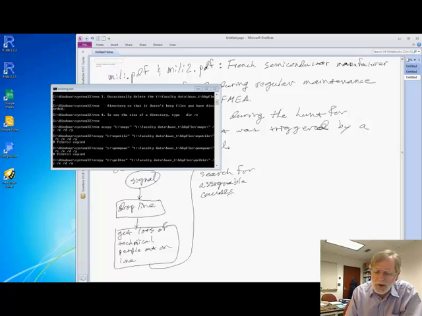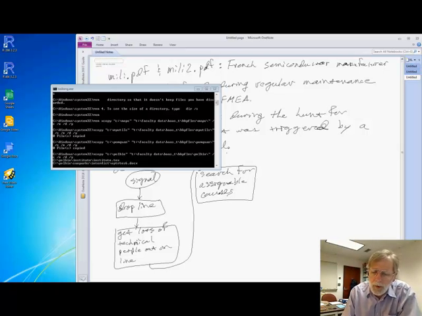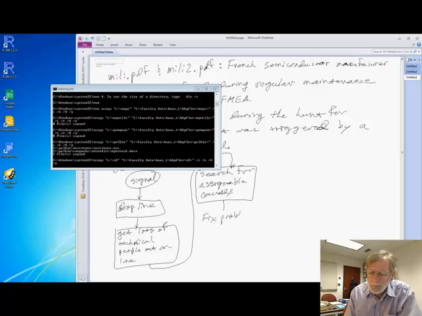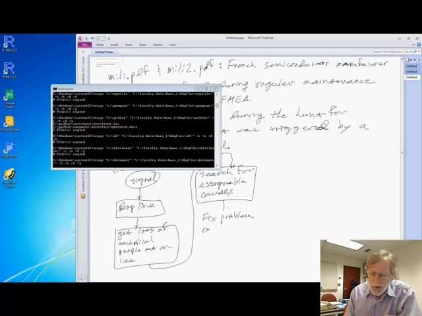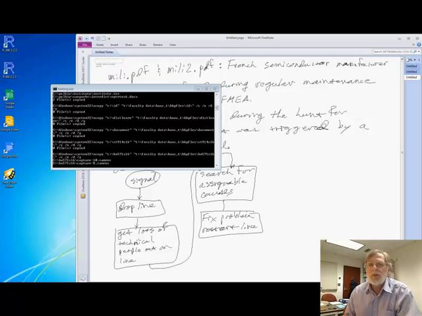Now, in a typical setting, you have this: fix problem and restart line, and then that's as far as the out of control action plan goes.